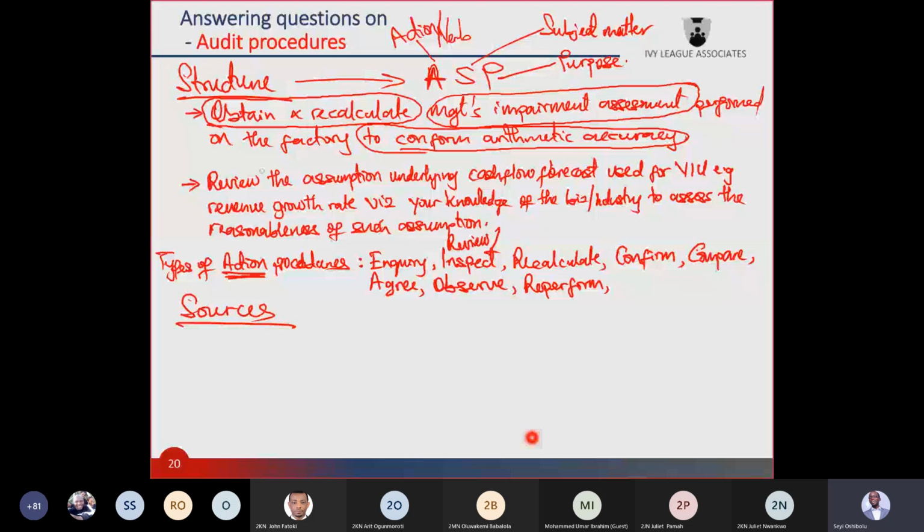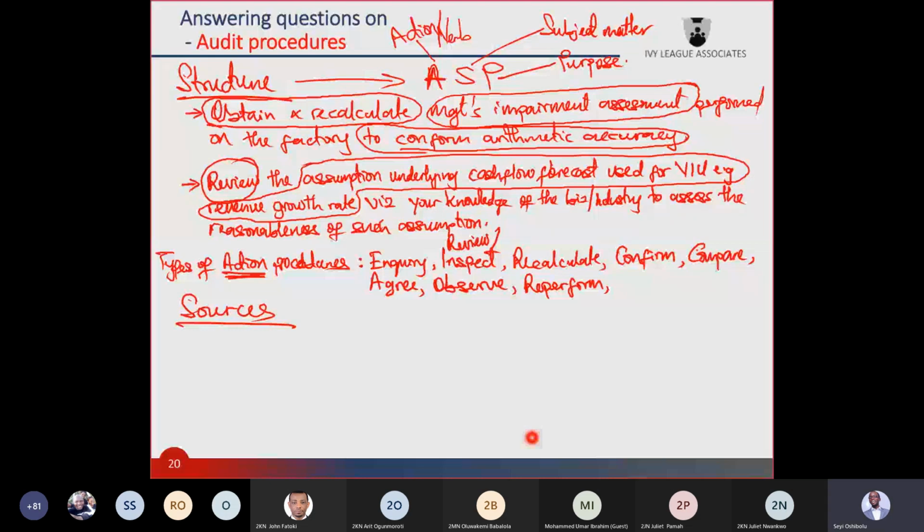Review there is my starting action. Assumption underlying growth rates or value in use is the subject matter that I'm subjecting to an audit.